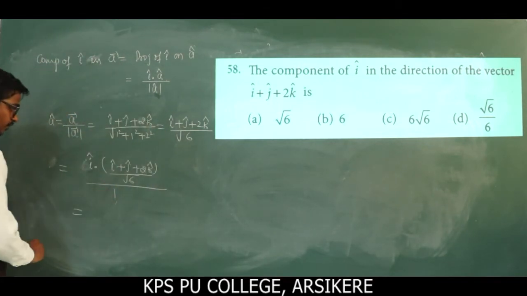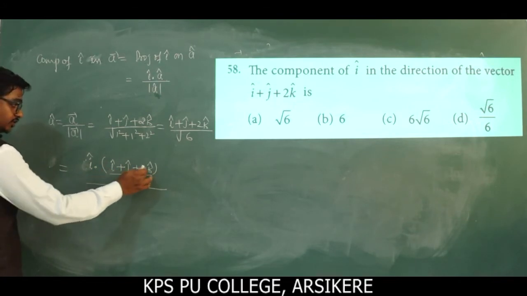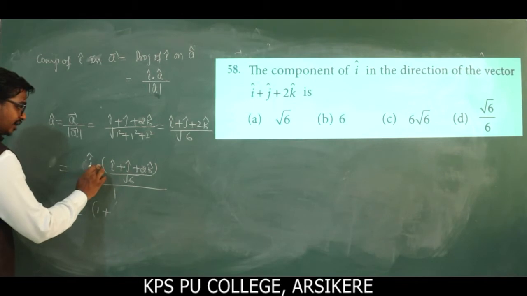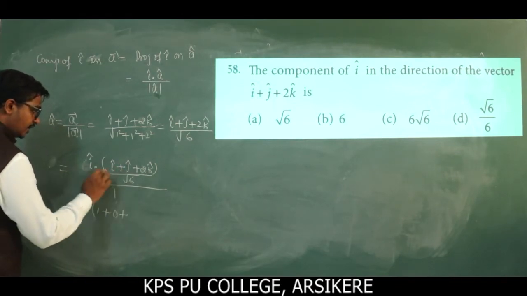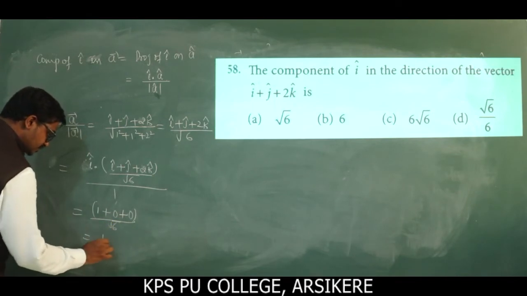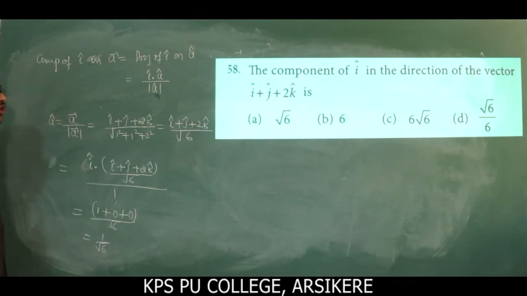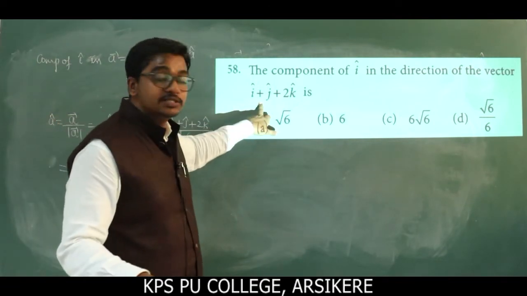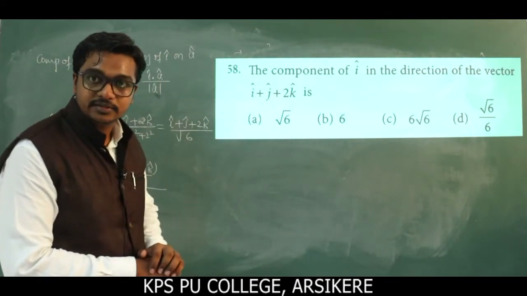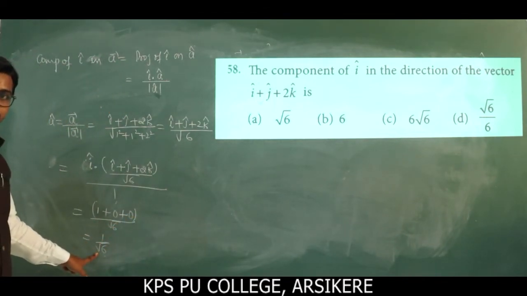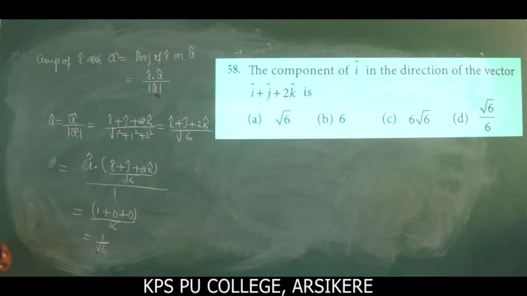This is I to I, J to J and K to K. I dot I becomes here 1 plus I dot J is 0 plus I dot K is 0, divided by root 6. Therefore, this answer is 1 by root 6. Therefore, component of I cap in the direction of vector A is 1 by root 6. This is the answer.